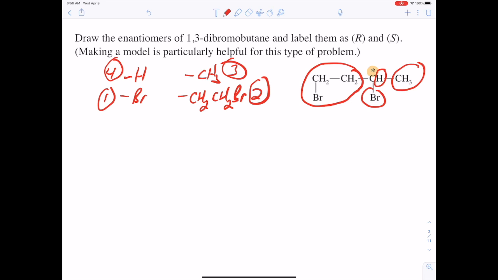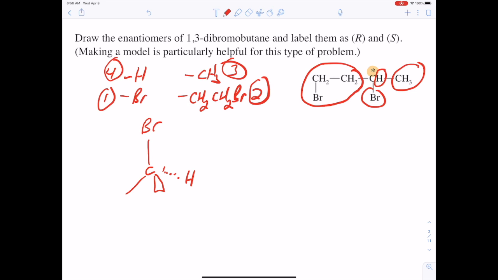So how would we draw the configurations? Well, we can draw a tetrahedral atom, and we place the 4 groups just randomly and see what we get. I will put group 4 priority in the back because that makes life easy.